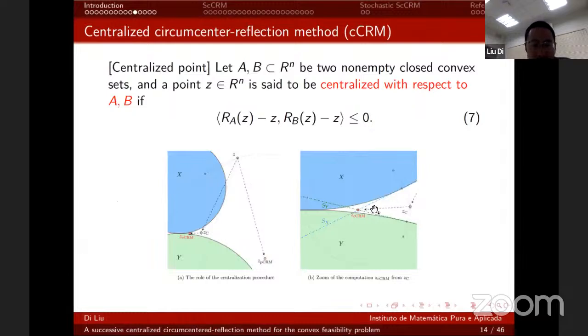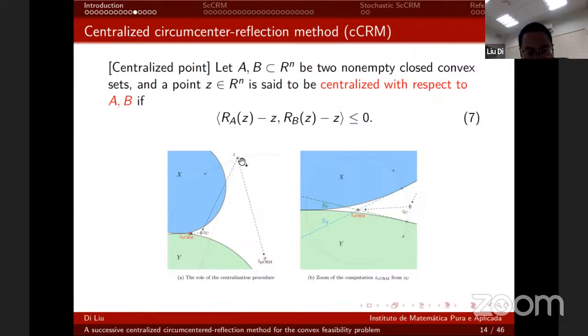Okay, I will also introduce a little about the centralized point. When we say a point Z is centralized with respect to A and B, it means this inner product is less than or equal to 0. We can see in the picture on the left that the angle between Z and the two reflections is greater than or equal to 90 degrees.